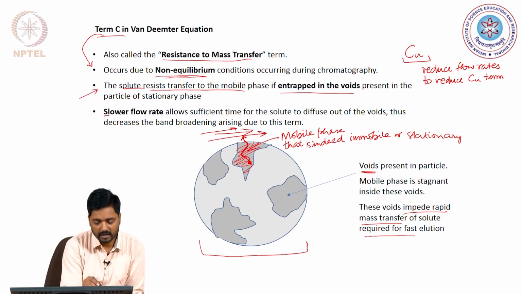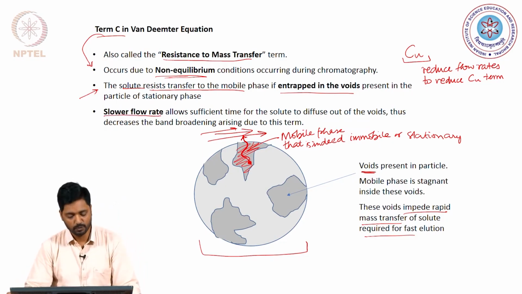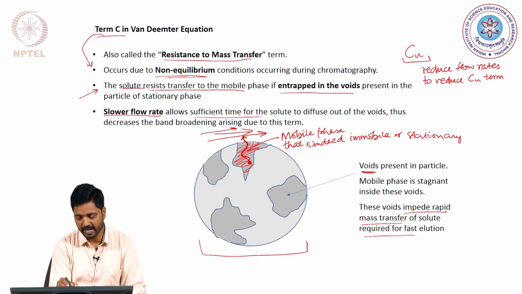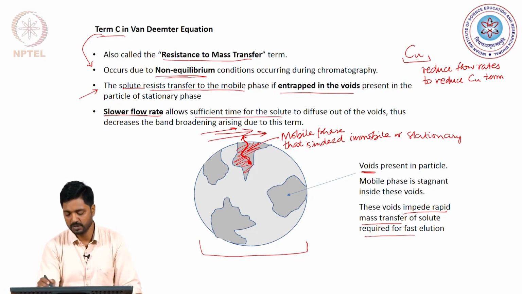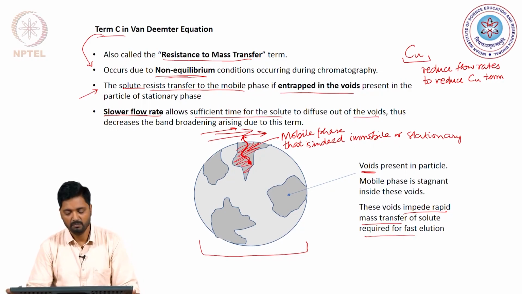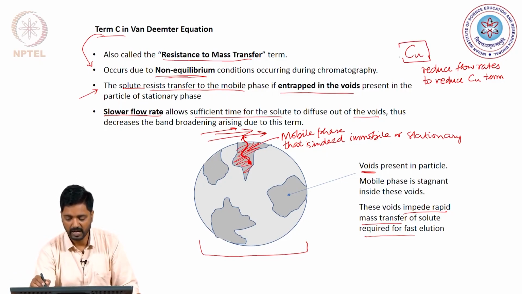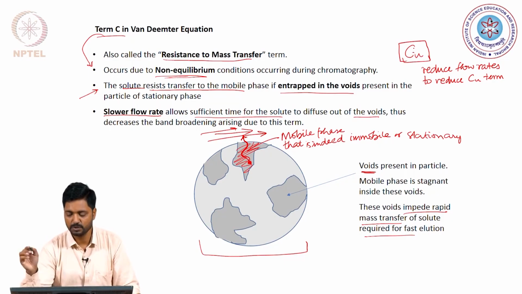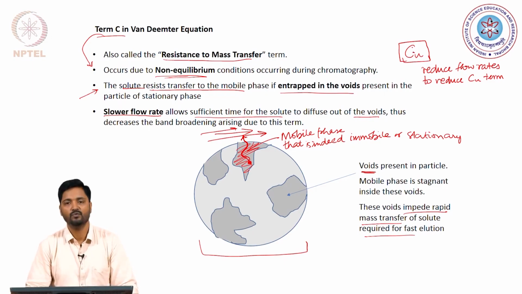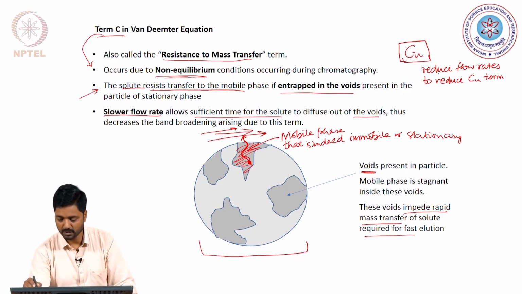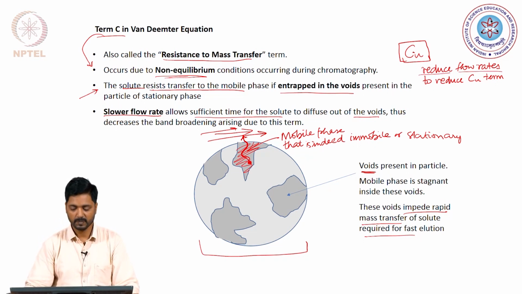Now, we can reduce the flow rate of the mobile phase, so that we allow sufficient time for the solute to diffuse out of these voids, and that will result in reduction of the band broadening arising due to this term, and that is why we have a C into U profile for this third term. So, if we need to reduce this term, we would have to reduce the flow rate.